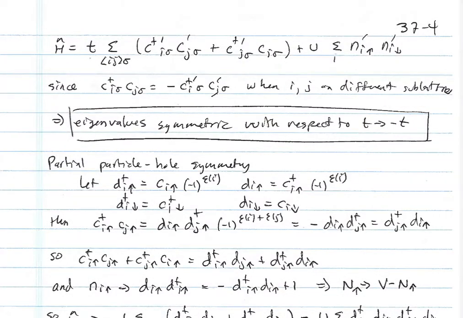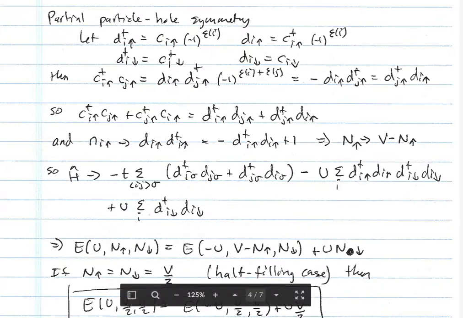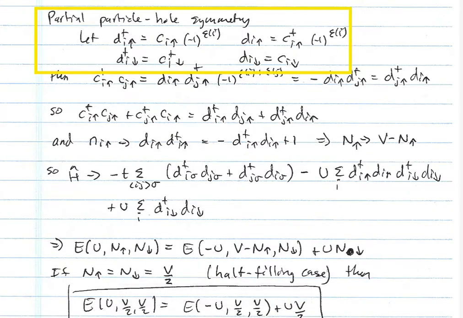Now, the next symmetry that we're going to talk about is something called a partial particle-hole symmetry. And for this, we're going to define new operators called d dagger i up, which is equal to c i up times minus 1 to that epsilon of i, and d i up is equal to c dagger i up times minus 1 to the epsilon of i.